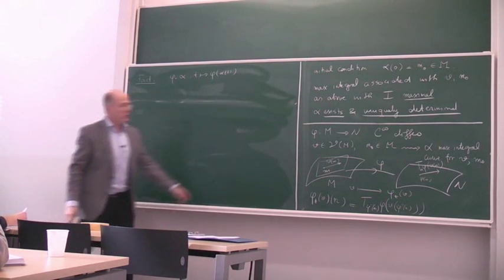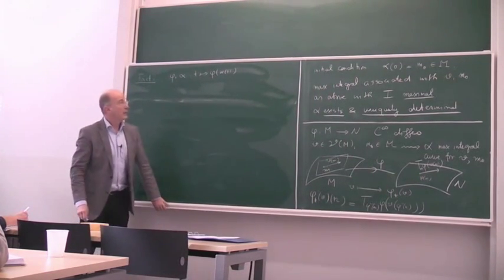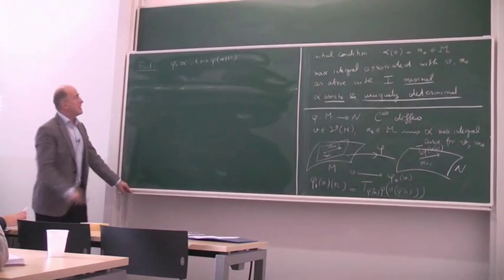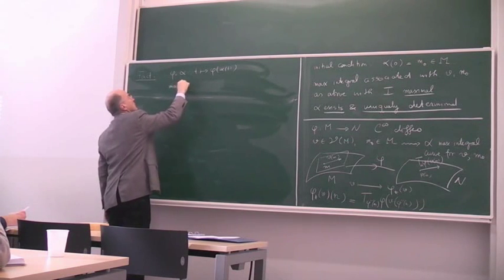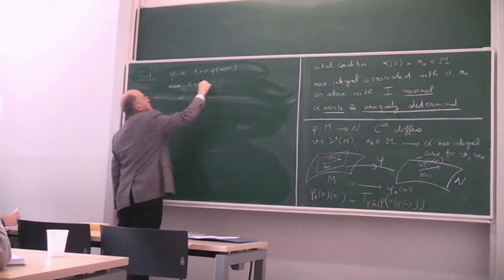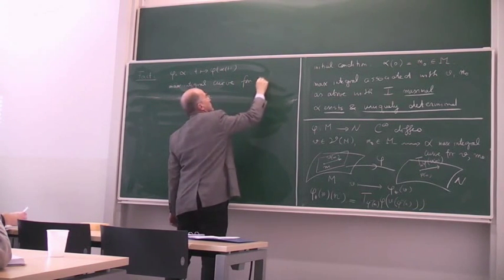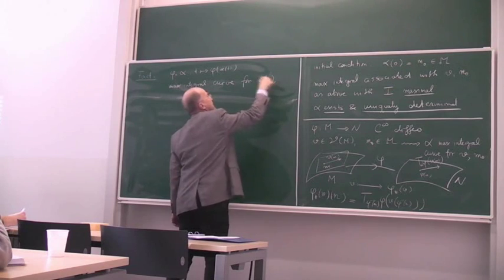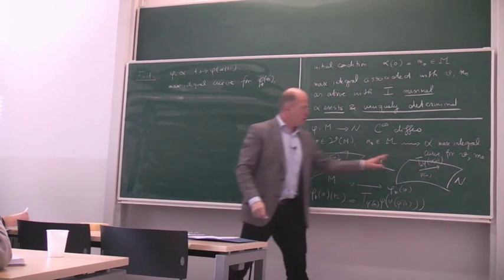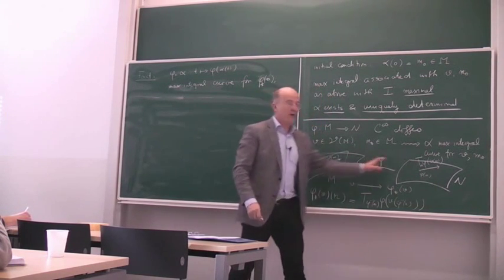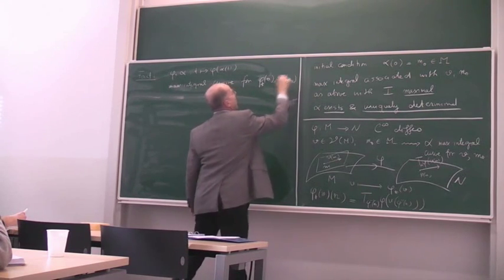This is a smooth curve in the second manifold N. And then the statement is that this is the maximal integral curve for the vector field push forward of v under phi, and as the initial point one should take the image of the initial point under the map phi. So this is phi of m naught.